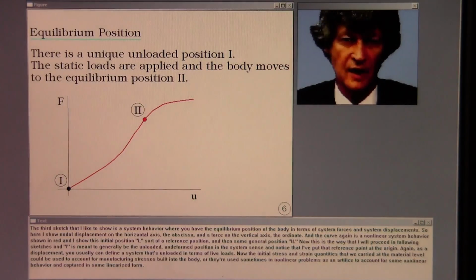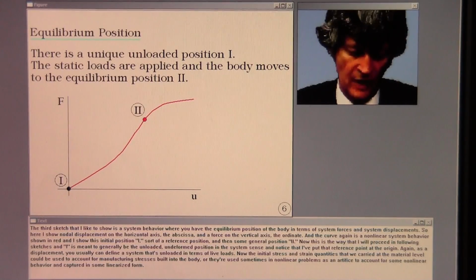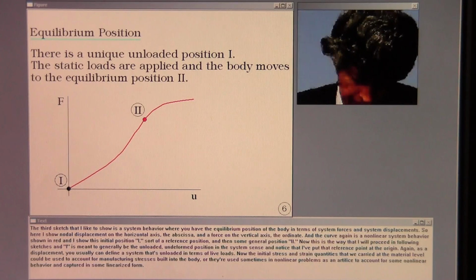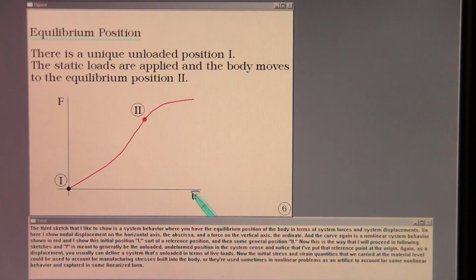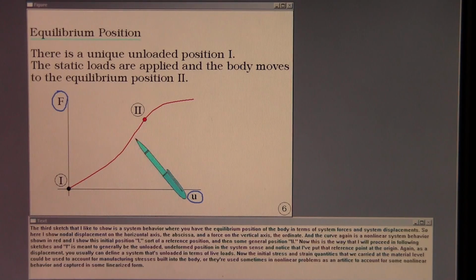The third sketch that I like to show is a system behavior where you have the equilibrium position of the body in terms of system forces and system displacements. So here I show nodal displacement on the horizontal axis, the abscissa, and a force on the vertical axis, the ordinate. And the curve again is a nonlinear system behavior shown in red.